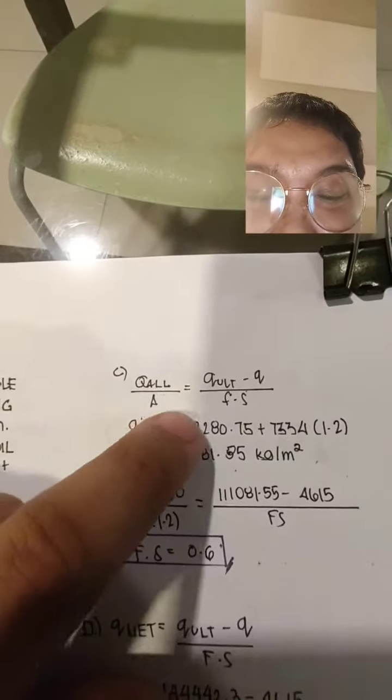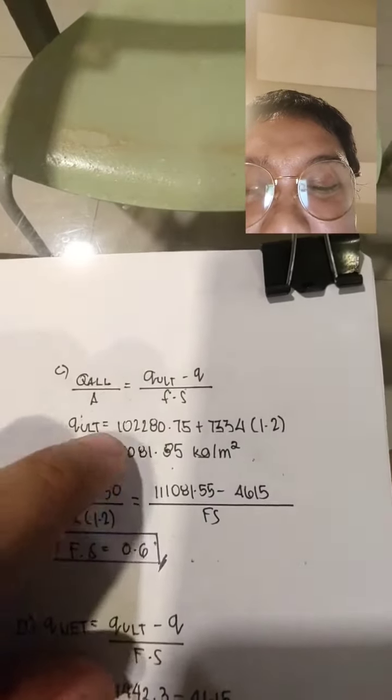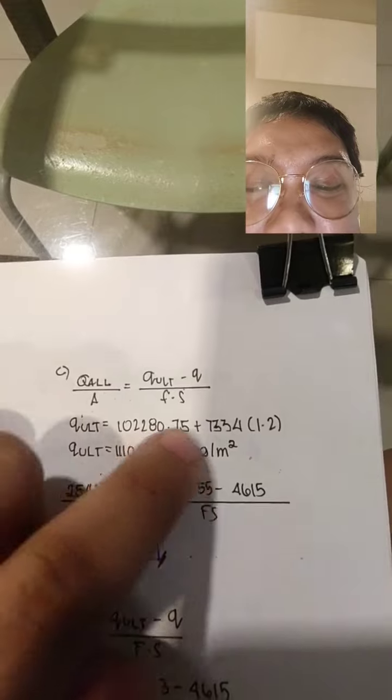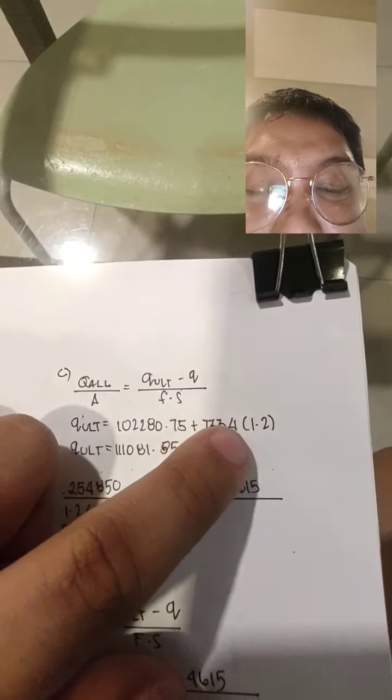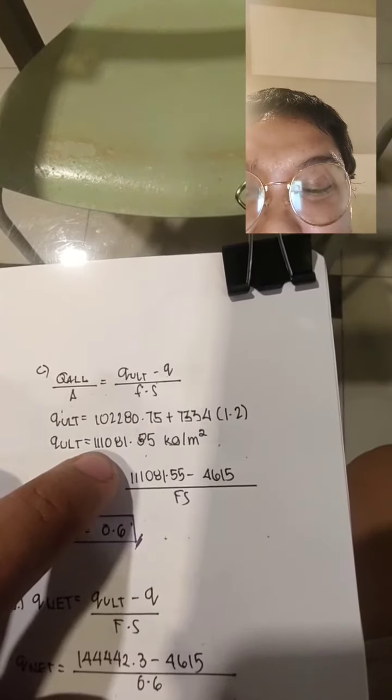And letter C, we have here Q all over area is equal to Q ultimate minus Q all over Fs. So we have here Q ultimate 1022.80 plus 75 plus 7334 multiplied by 1.2 is equal to Q ultimate 11081.85 kilogram per square meter.